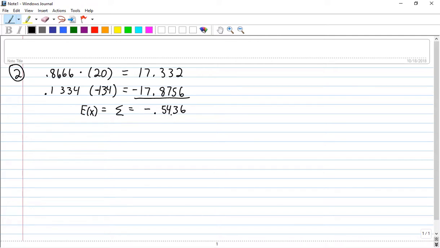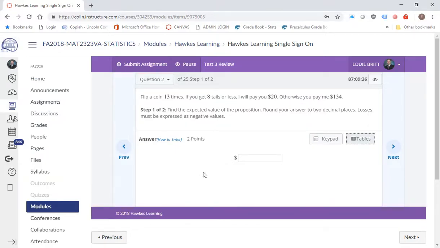Okay, and remember, if it's money, we have to round to the second decimal here. So you can see they already have my dollar sign there. I just have to put in negative 54 or negative 0.54.